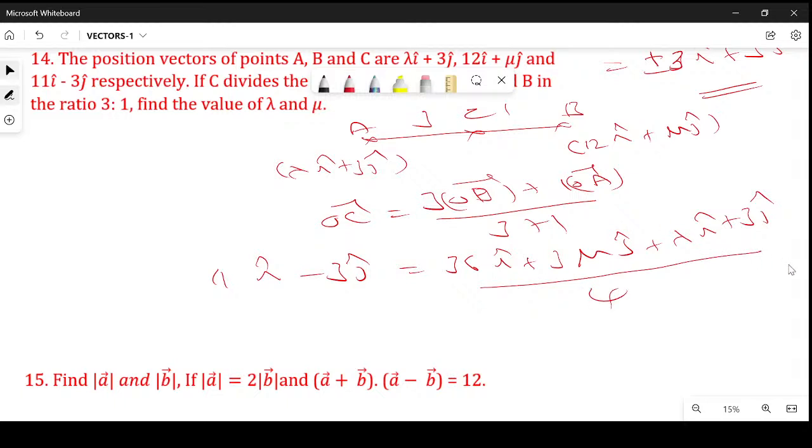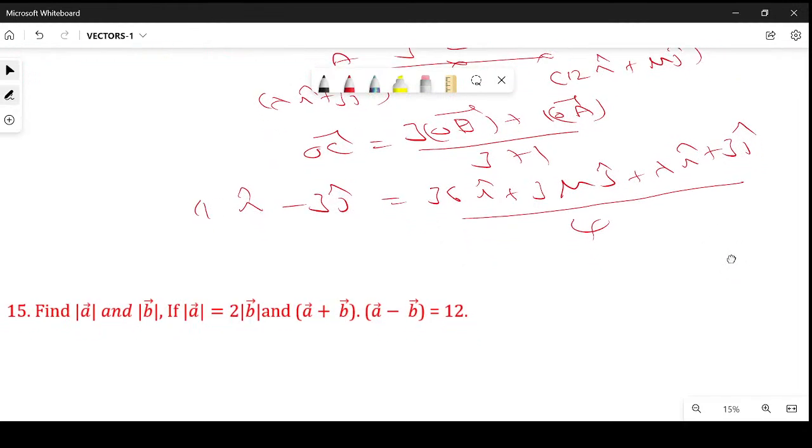If we cross multiply and rearrange, we will get 44 i cap minus 12 j cap equal to this. So you can see 36 plus lambda i cap. Comparing both sides, I can do this.